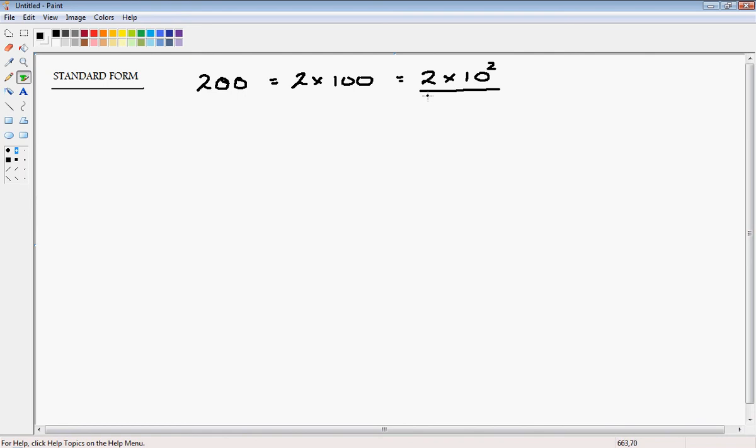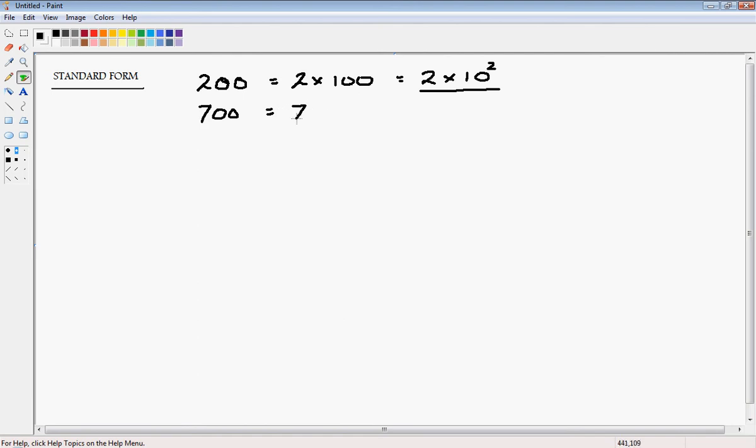Now the rule with standard form is that we can only have one digit. Okay, so we can have anything from 1 to 9. We can have decimals as well, so we can have 2.317, and it will always be multiplied by 10 to the power of something. Okay, so if we take, for example, 700, now my only real digit there of any value is the 7.